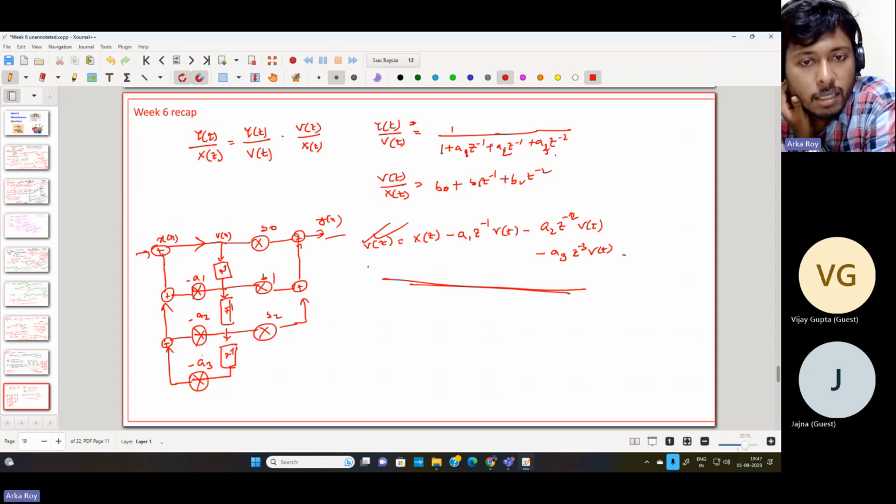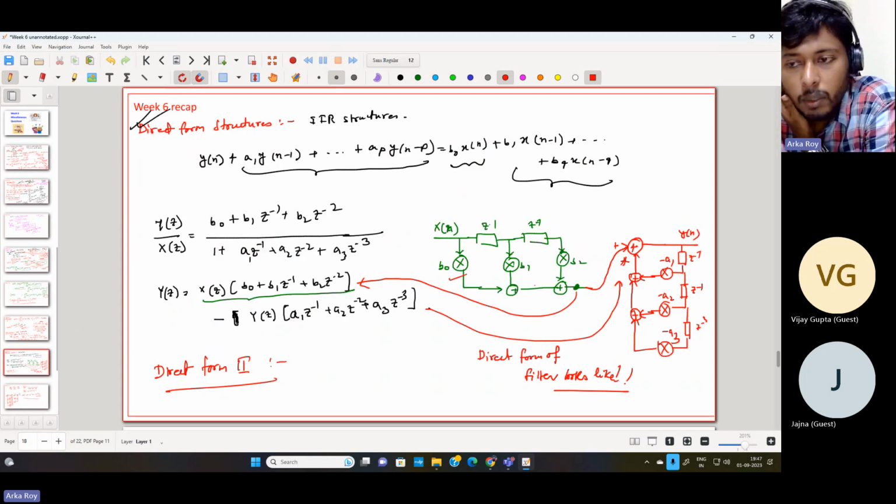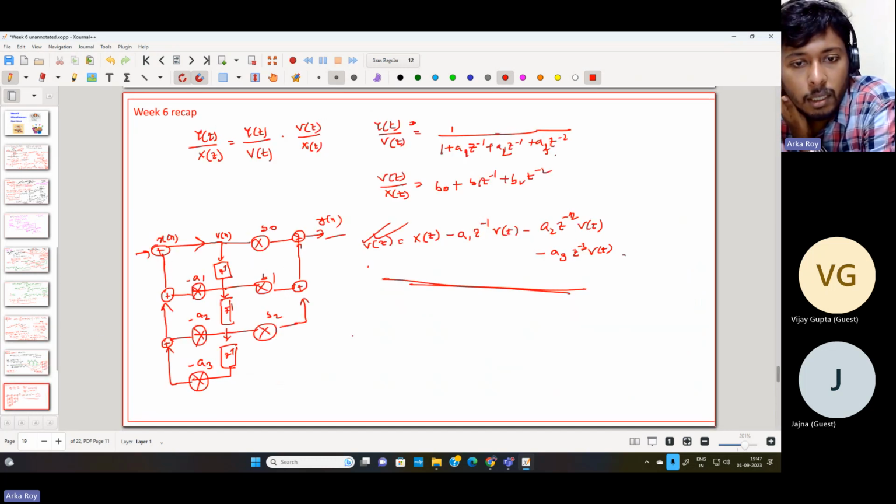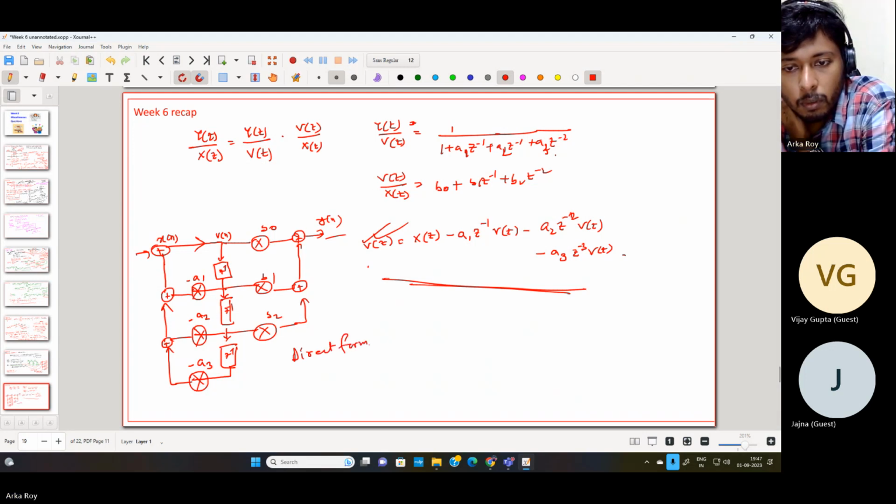So we can see that initially we were using unnecessarily 2 to 3 adders more. However, over here we can see that the requirement of adders has been reduced drastically. So this is the necessity of direct form 2.